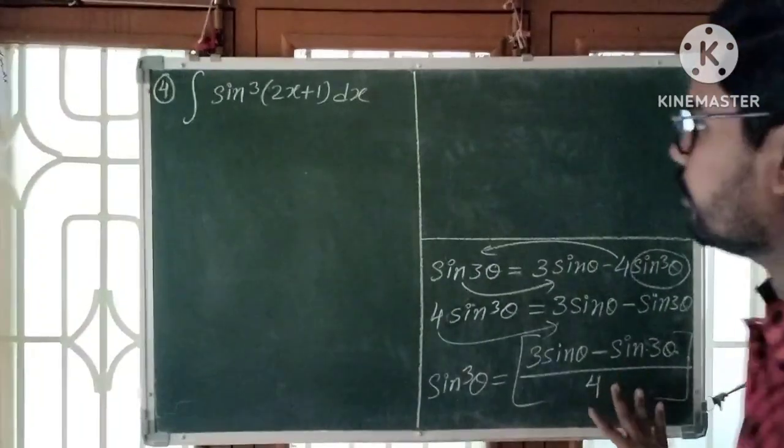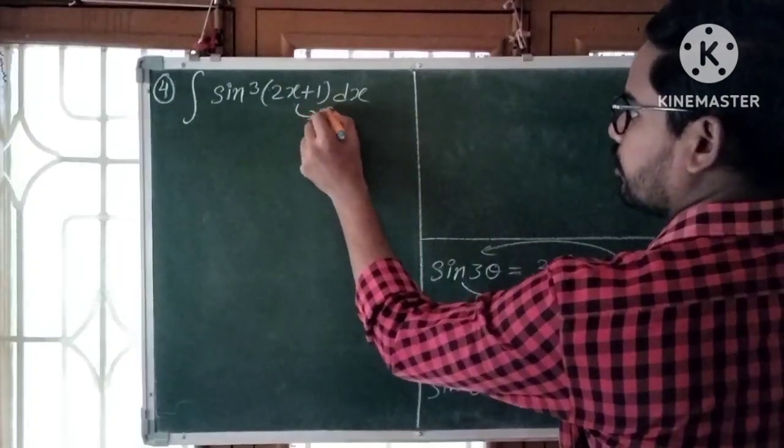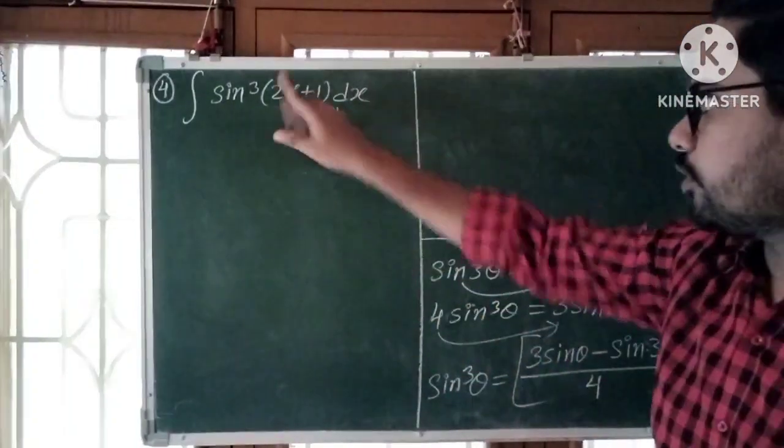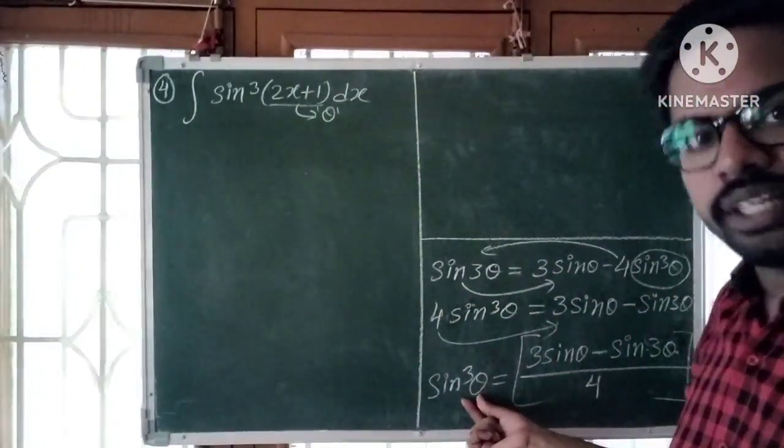So in place of theta we have 2x plus 1. Here theta is equal to 2x plus 1. In place of theta put 2x plus 1.